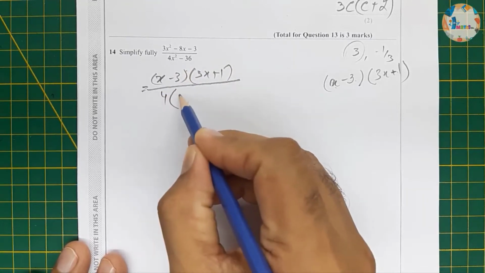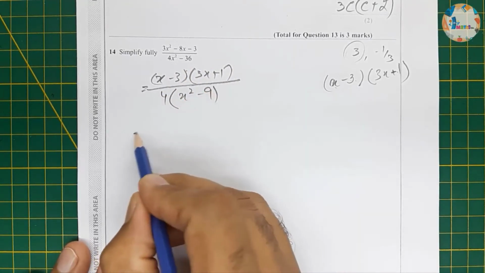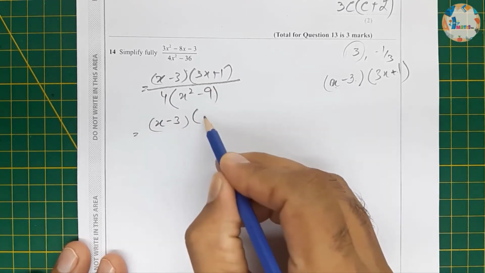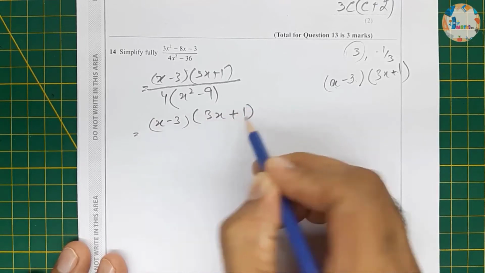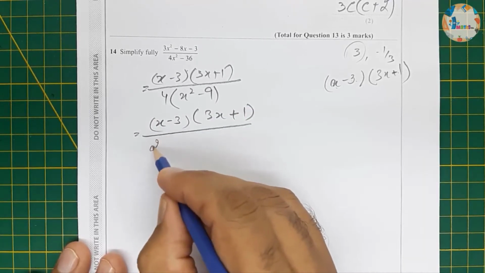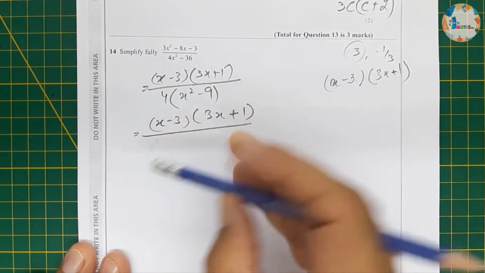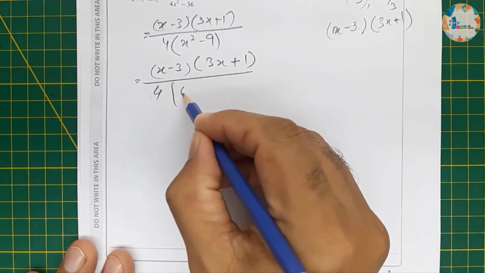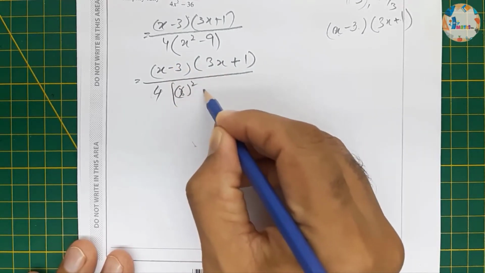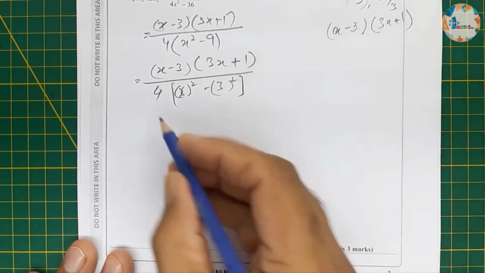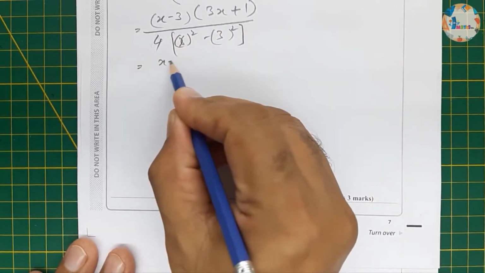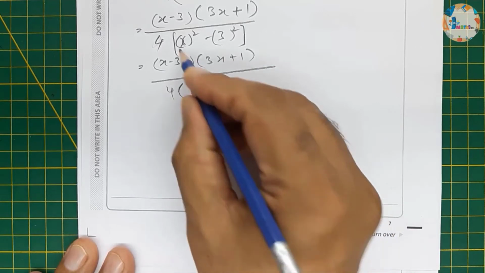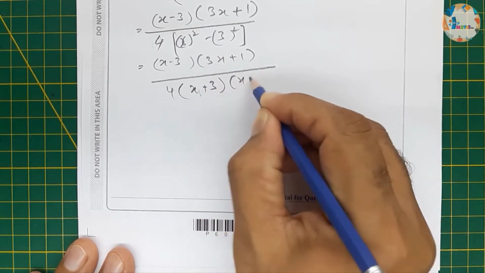So you can take 4 common, inside will be x square minus 9, and further we can factorize the denominator. This can be written as a square minus b square format. So this will be 4, and we can write this as x square minus 3 squared, and this one we can write x minus 3 and 3x plus 1 over 4, and this can be written as x plus 3 and x minus 3.